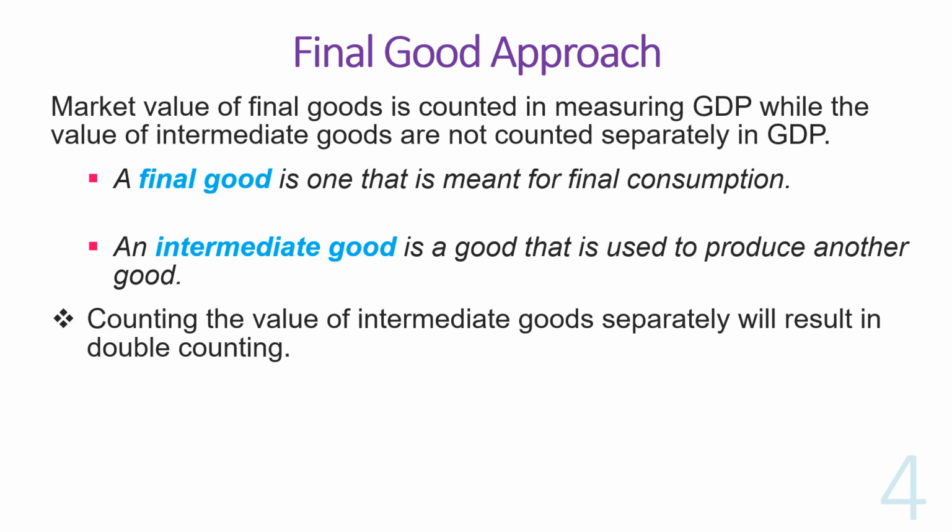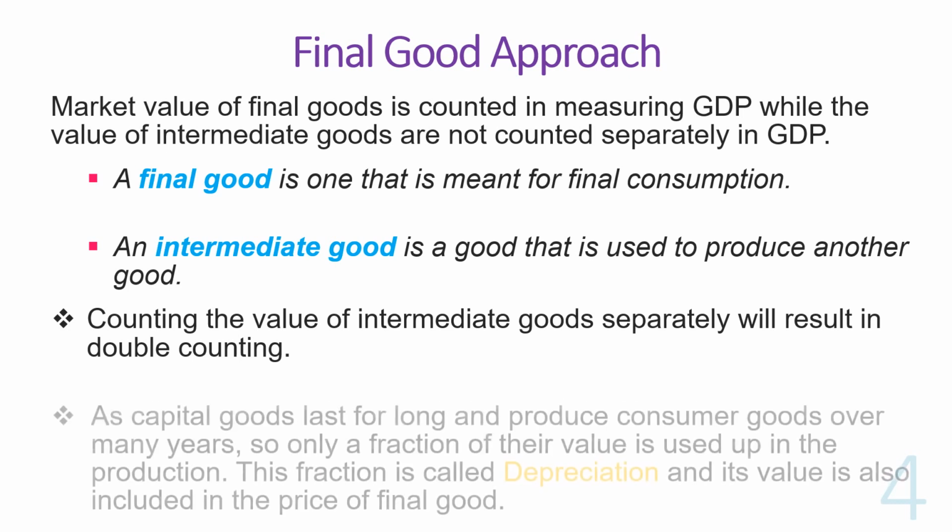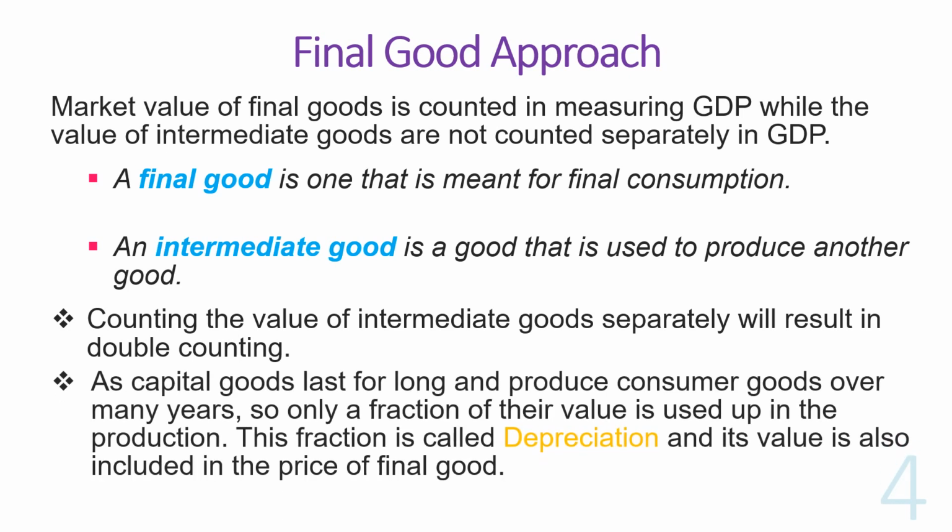Similarly, for capital goods, which include plants and machineries, as these goods last for long and produce goods over many years, only a fraction of their value is used up in production. This fraction is called depreciation and its value is also included in the price of final good.